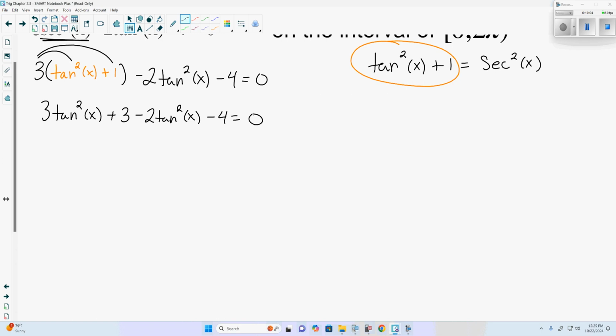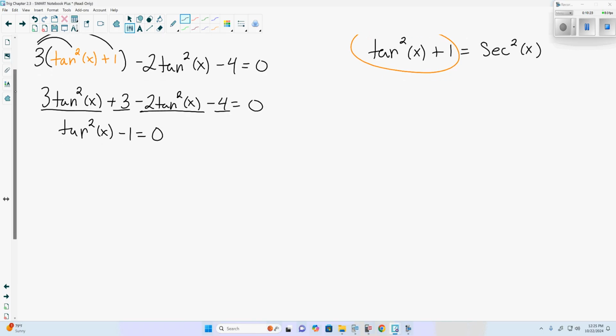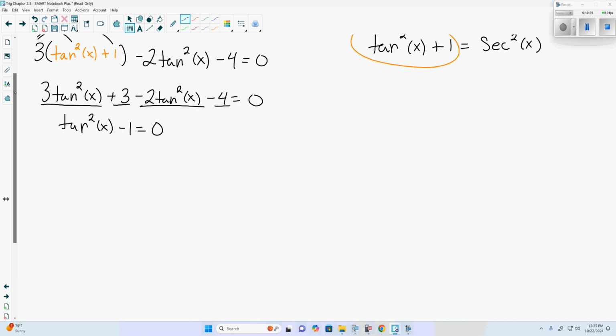Now we do have some like terms. Our 3 tangent squared and negative 2 tangent squared. Well, 3 tangent squared minus 2 tangent squared is just going to be tangent squared of x. 3 minus 4 is minus 1 is equal to 0.